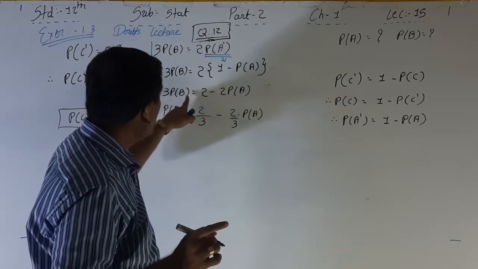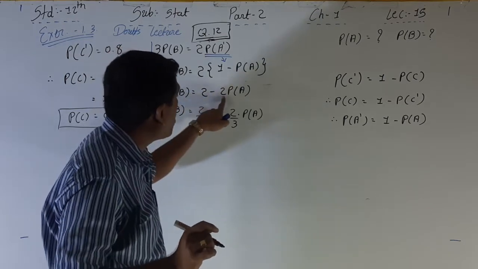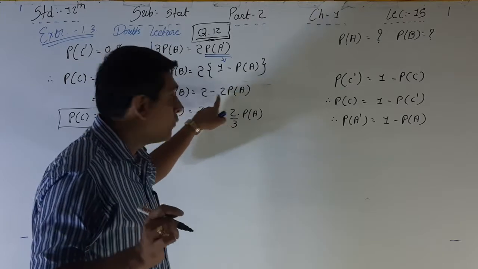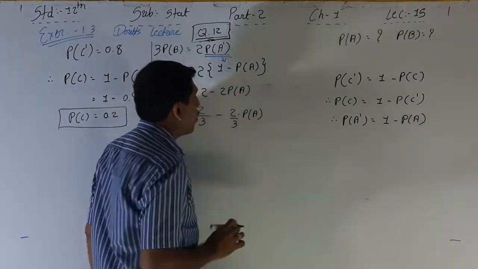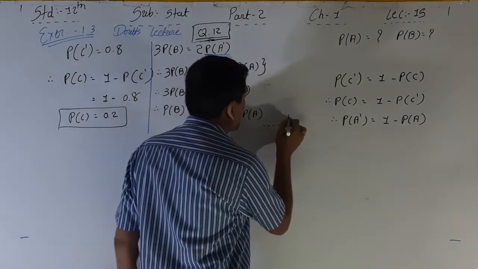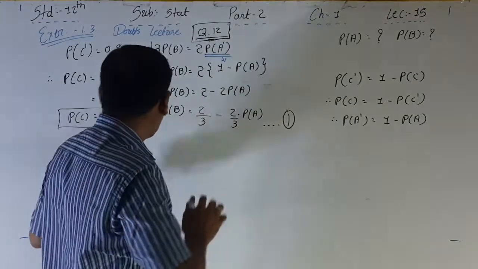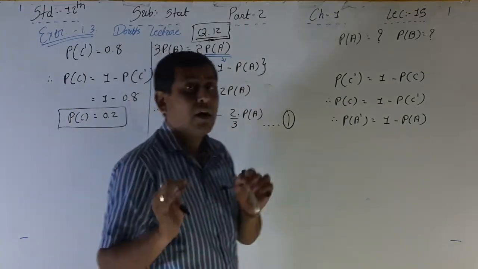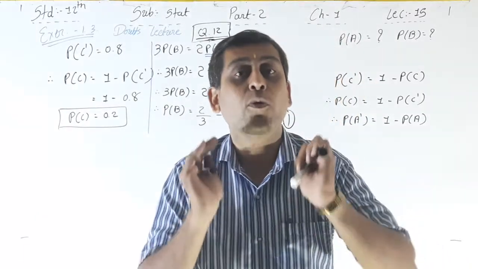That's why 3 is the denominator in 2 also and in 2 P of A also. That's why 2 by 3 minus 2 by 3 P of A. Right? Okay. And this one is your equation number 1, because we have to use this information in our mutually exclusive and exhaustive events formula.